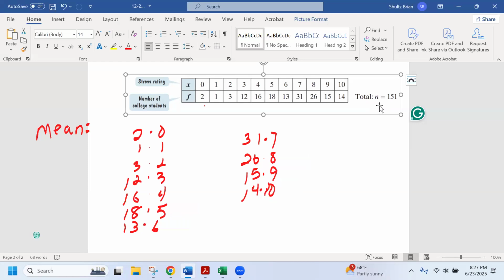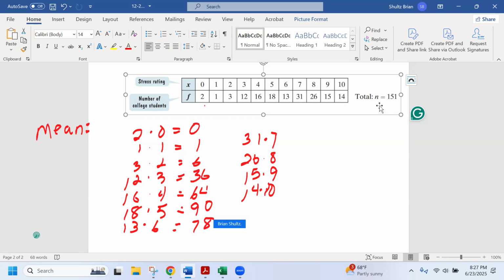Okay, so 2 at 0, the value of that is 0. 1 times 1, 1. 3 times 2, 6. 12 times 3, 36. 16 times 4 is 64. 5 times 18 is 90. 6 times 13 is 78.